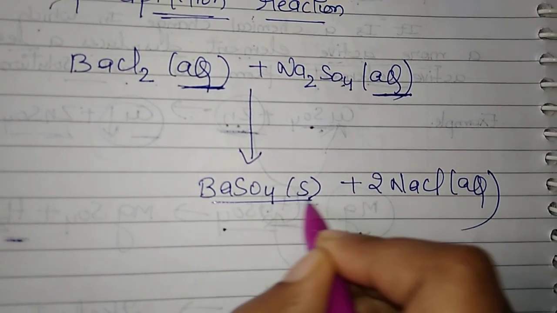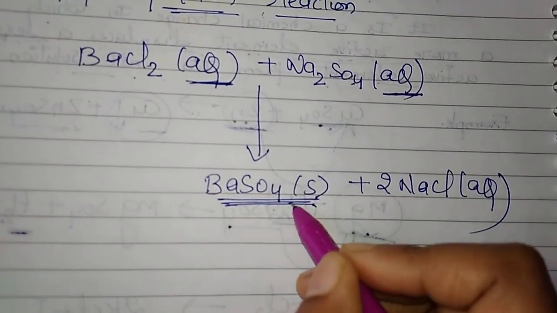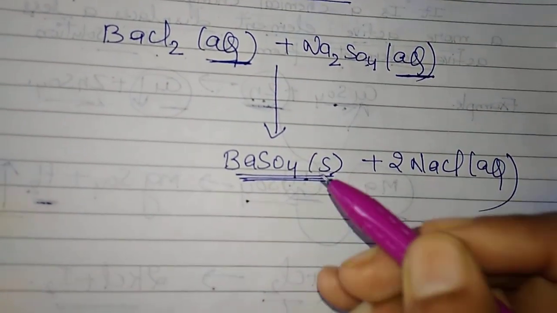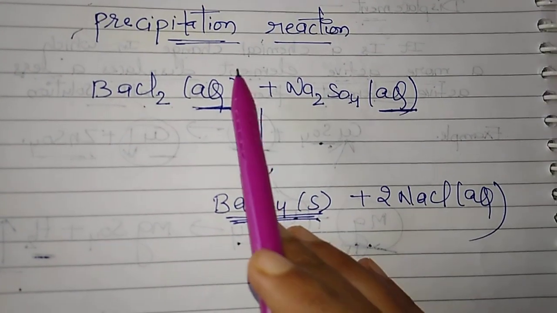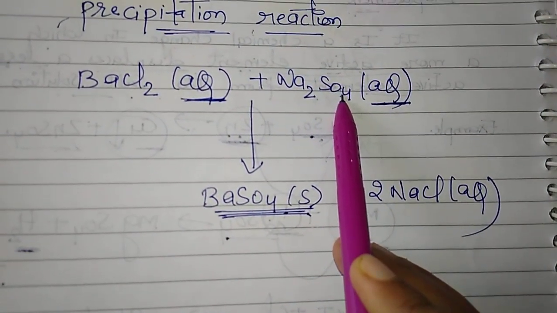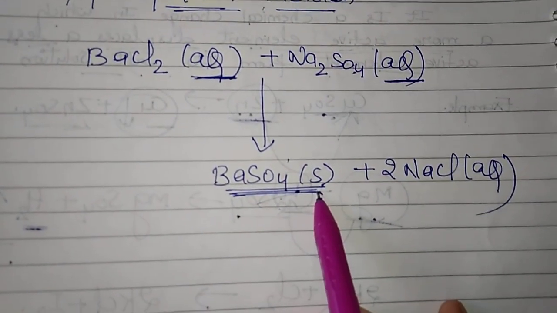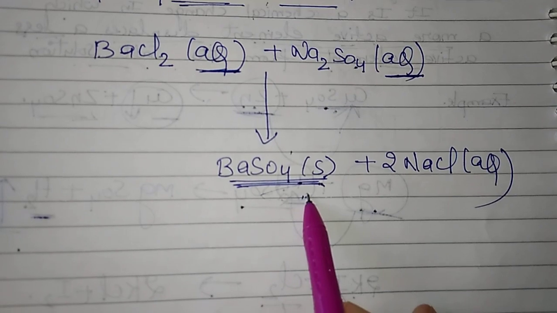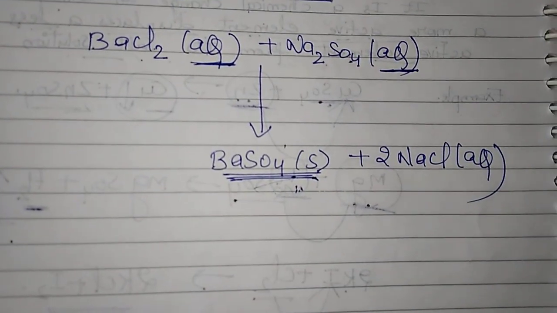A chemical reaction in which two compounds in their aqueous state react to form an insoluble salt as a precipitate as one of the products is known as a precipitation reaction. This is a precipitation reaction.